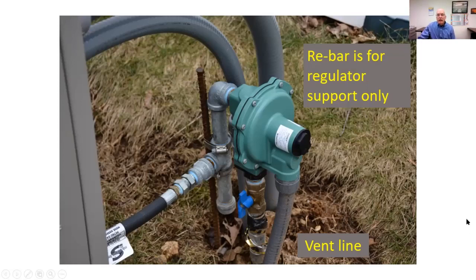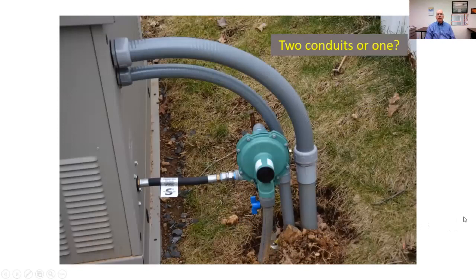And in my case, I had a propane company do the propane installation and all that. And you have to watch what they do also. Make sure that they're following the manufacturer's rules. And then coming off the bottom of the regulator is a vent line that surfaces over by the propane tanks.